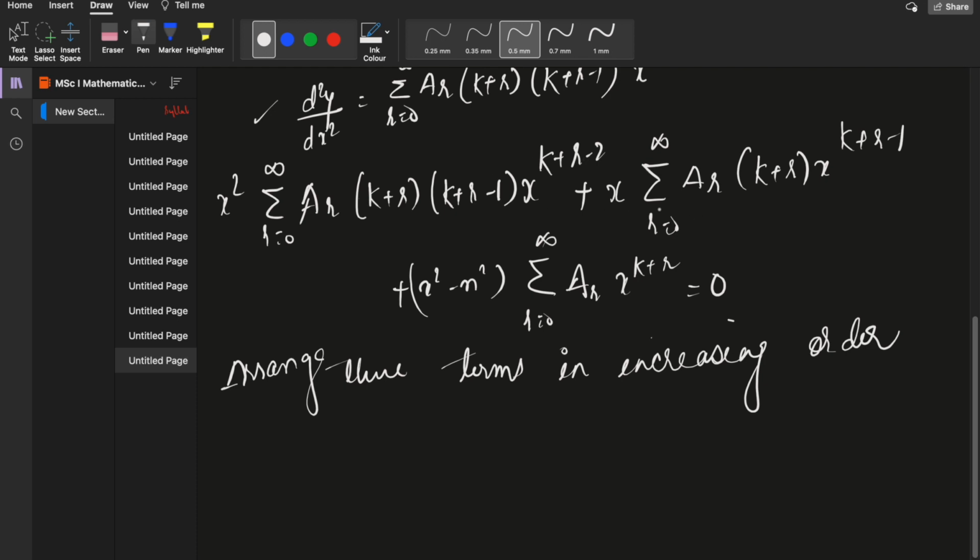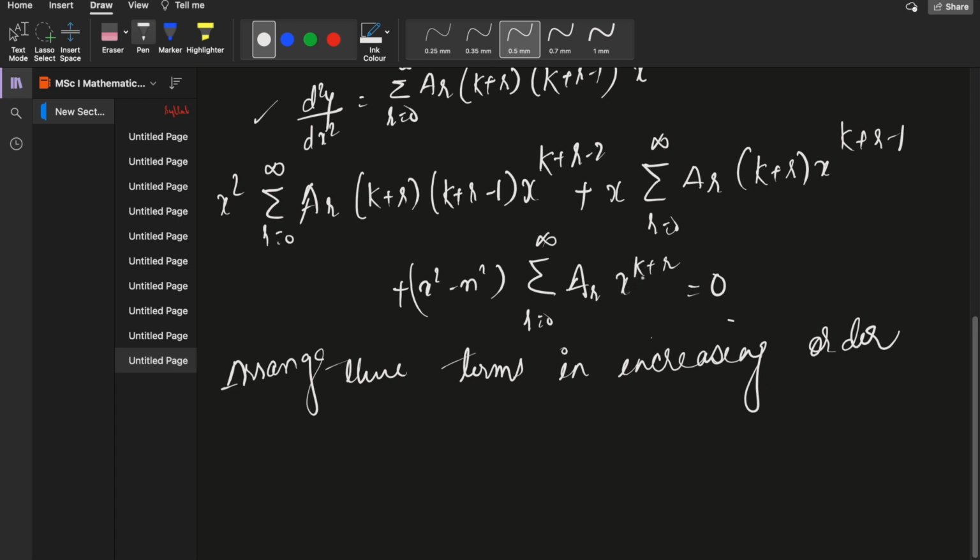And here we will also get x to the power k plus r. If I multiply x square with this term, this will give me x to the power k plus r plus 2, and minus n square times this much. So the smallest term we will have is x to the power k plus r.